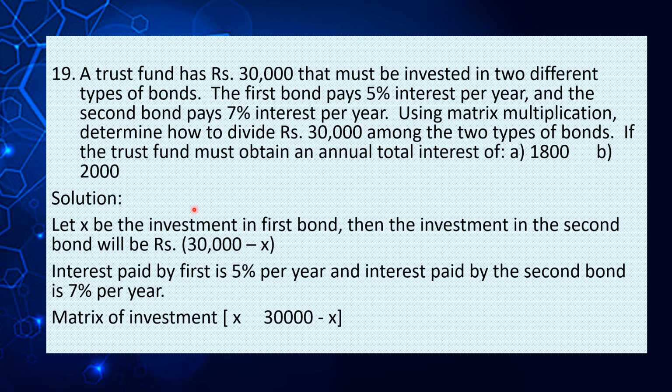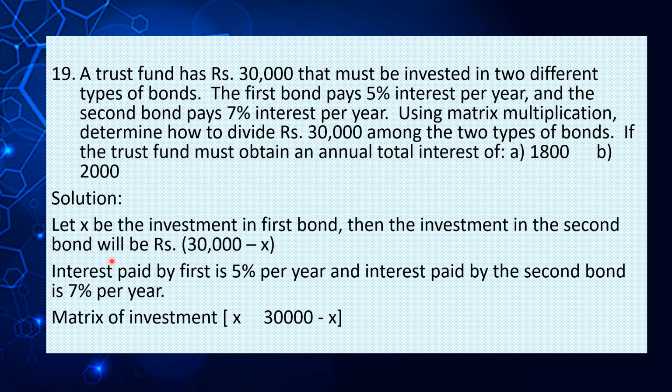So we can consider this rupees 30,000 as the total amount we have for investment. When we break it up into two parts, let's consider the first part as x and the second part as 30,000 minus x.